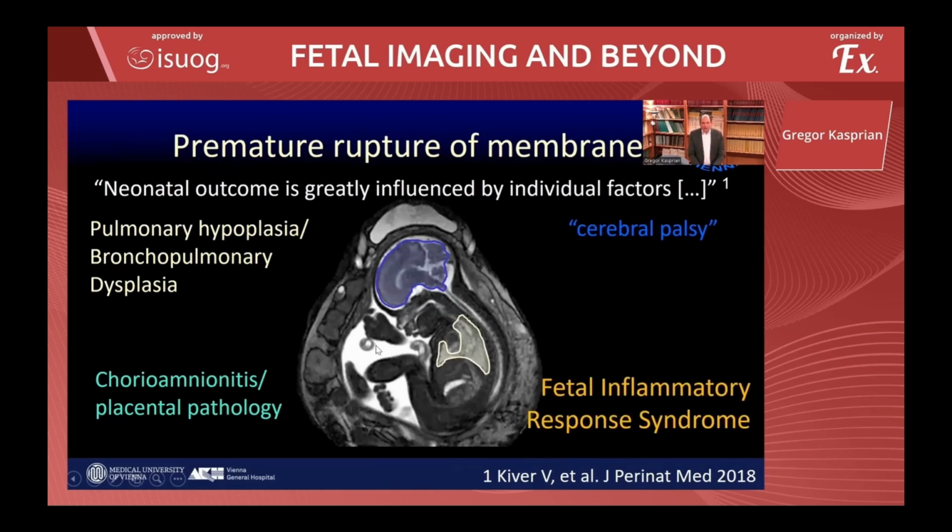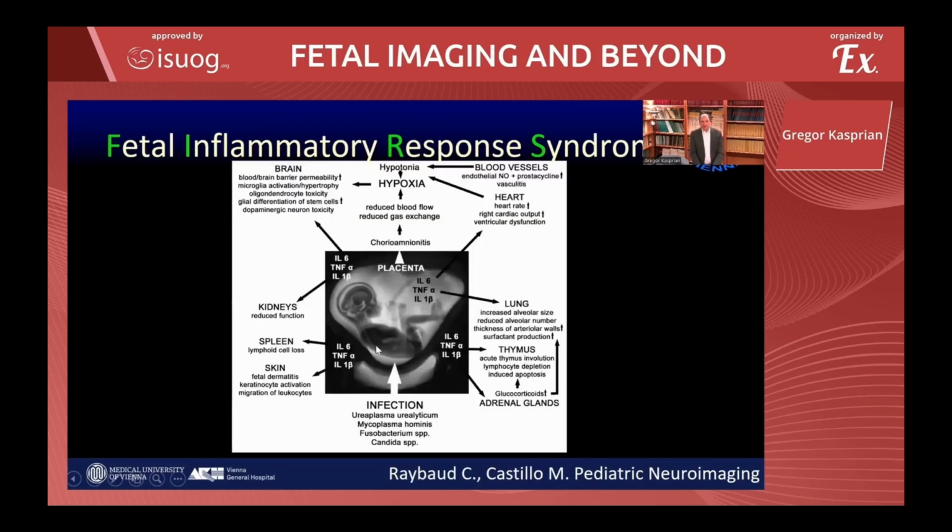Another feature in this setting is fetal inflammatory response syndrome. Premature rupture of membranes often goes along with infection and inflammation, and this infection causes changes in the brain and many other organs.